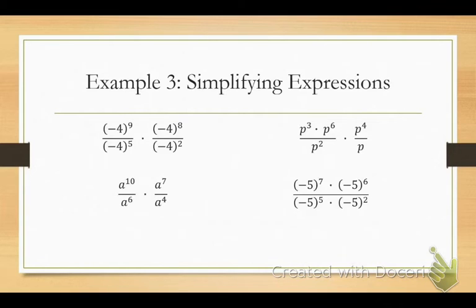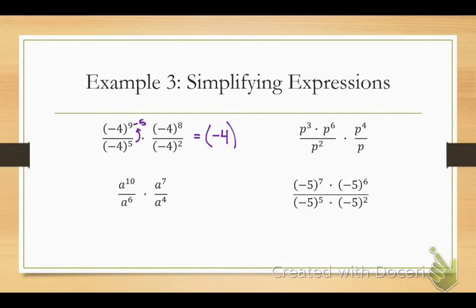The -4s, the way I look at it, I'm going to simplify the fraction first. So what would the first fraction be after I simplify it? -4 to the what power? -4 to the power of what's 9 minus 5? I'm going to let you write your step right there to kind of save some work.